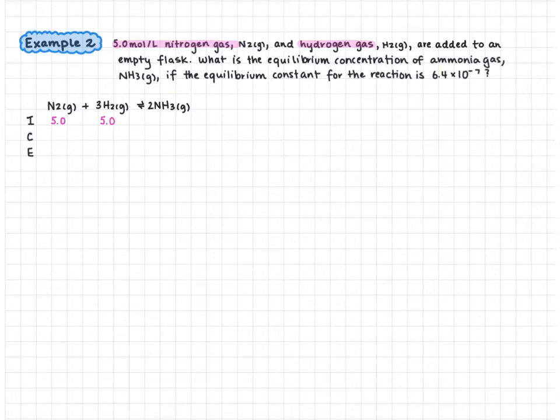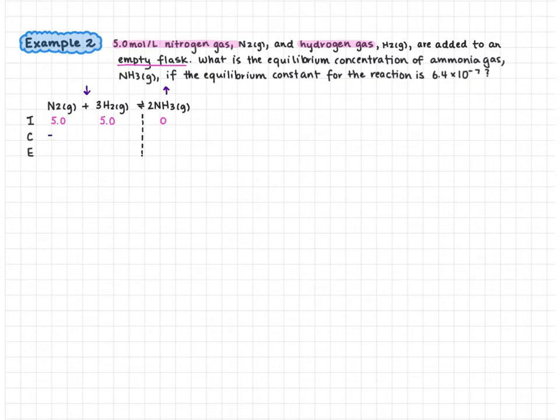Because we're told that the flask was otherwise empty, we know that the initial concentration of ammonia is 0. In terms of change, we don't know yet. We have no other information, so we have to fill out the rest of our ice table with X's. We know that the reactants will decrease in concentration because we start with only reactants, and our products will increase in concentration because we don't have any products to start.